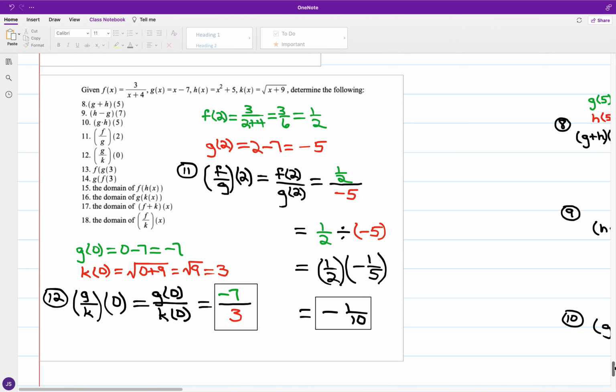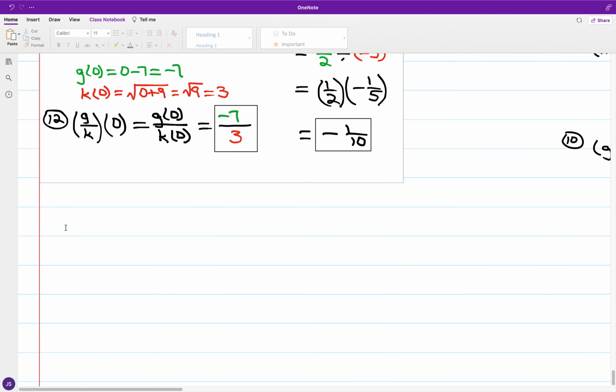All right, now we have the crossover to the composition and the domain between functions.